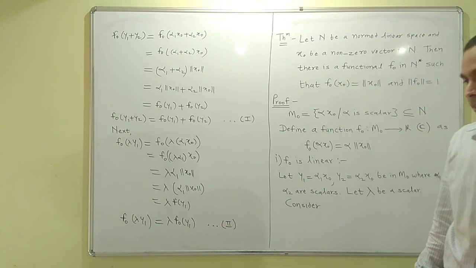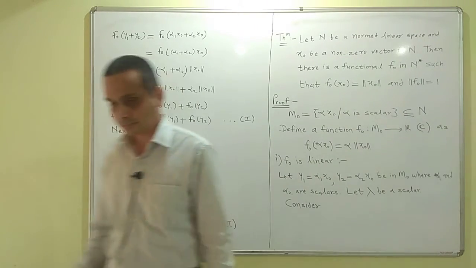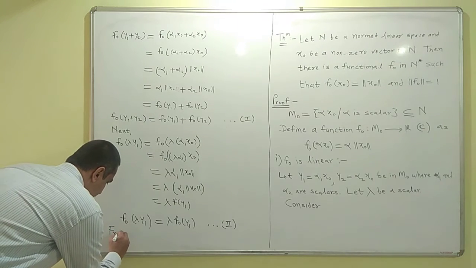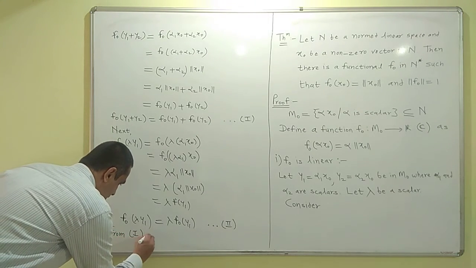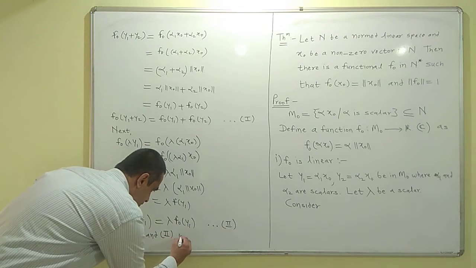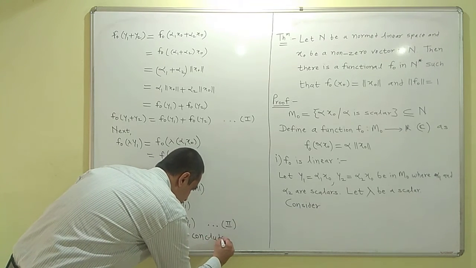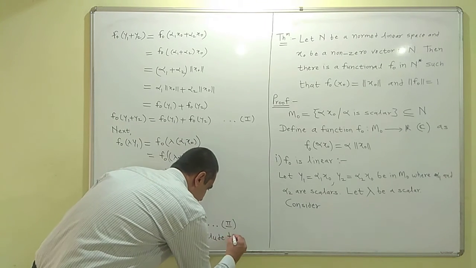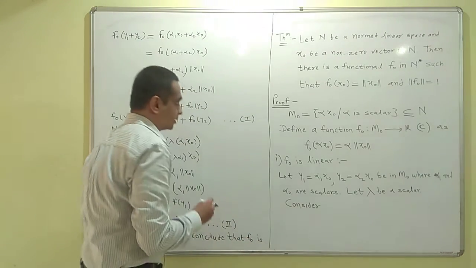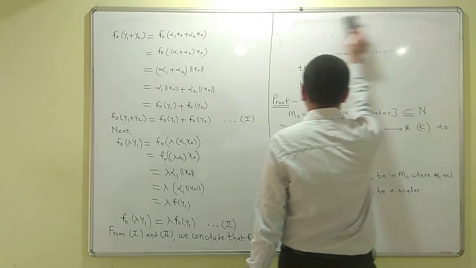So from first and second we conclude that f0 is linear.